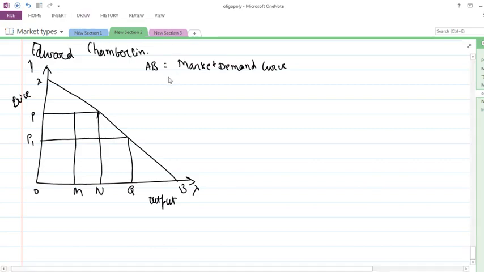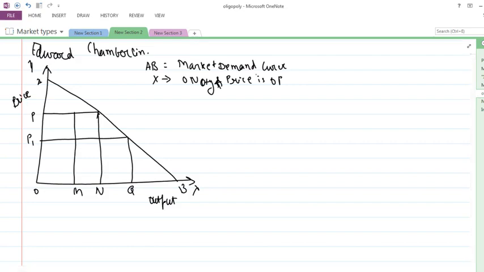Okay, so X का प्रोडक्शन जो है वो ON है and price is OP. Okay, OP is the price, and this allows X to secure the maximum monopoly profit, that is ONCP.